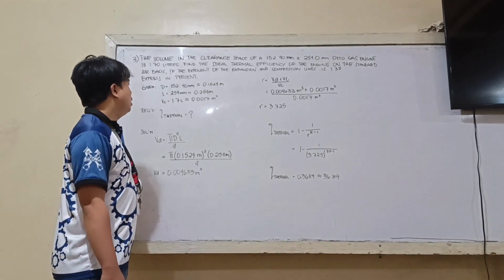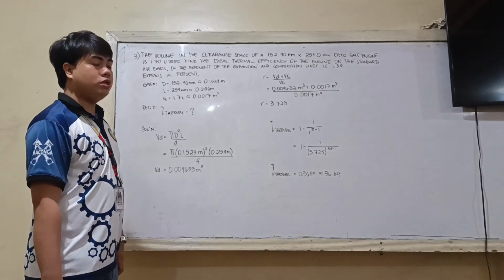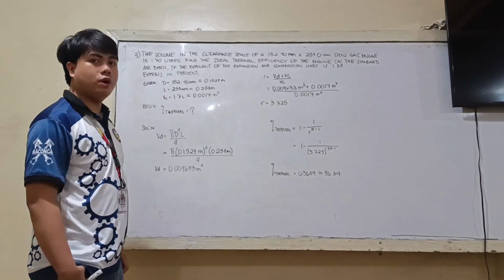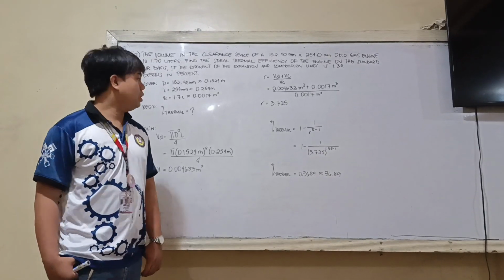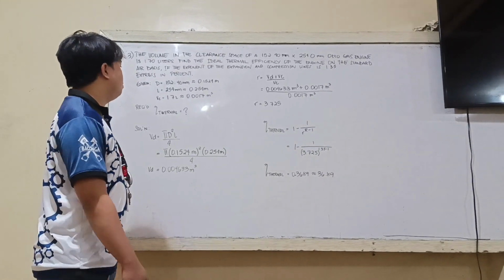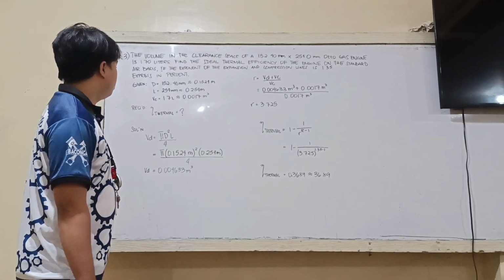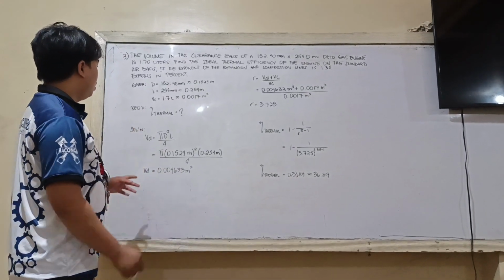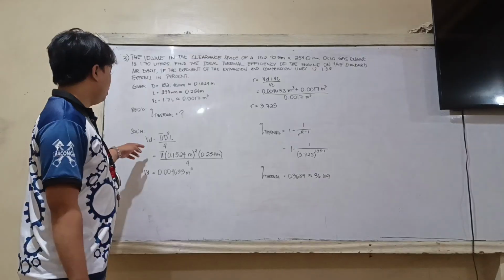VC is 1.7 liters, or 0.0017 cubic meter. So we are required to solve the thermal efficiency. To solve this, first step, we're going to find VD.